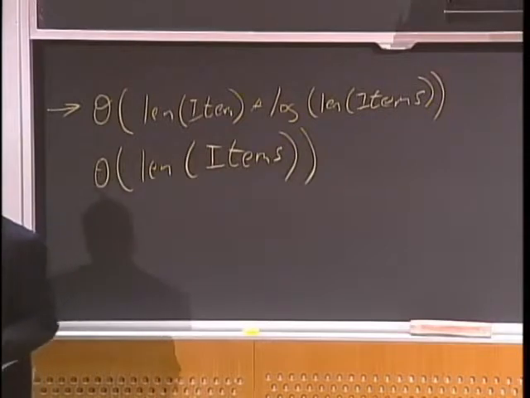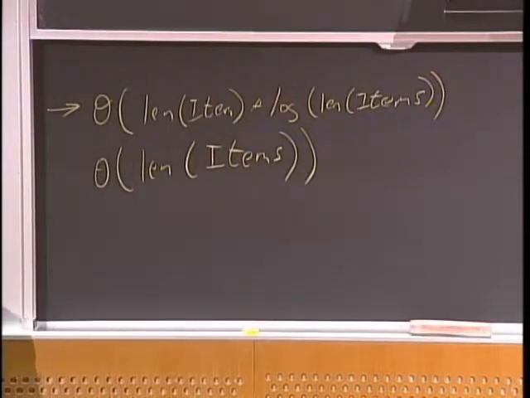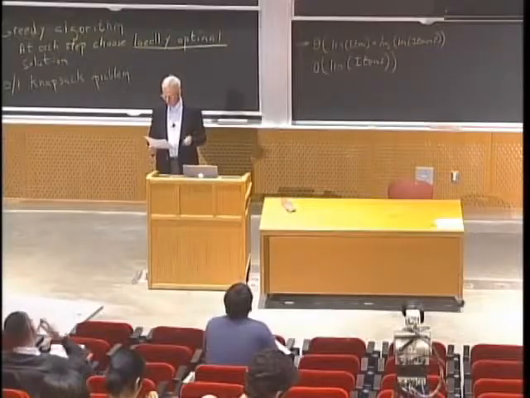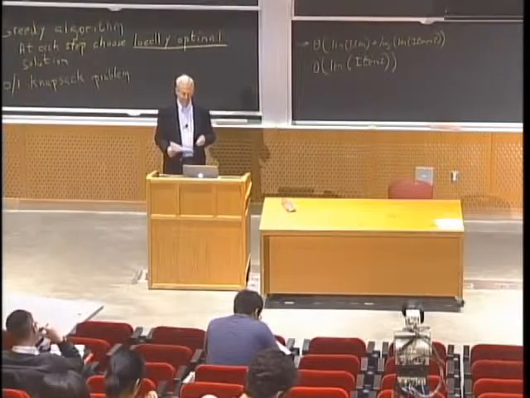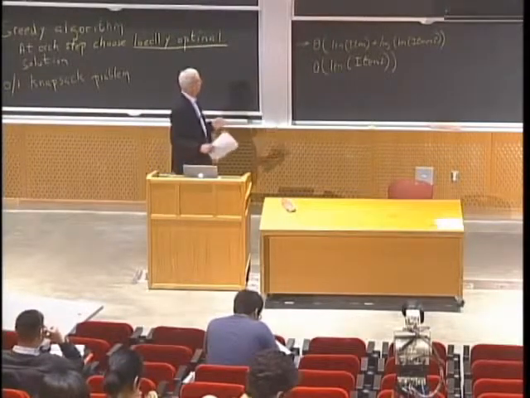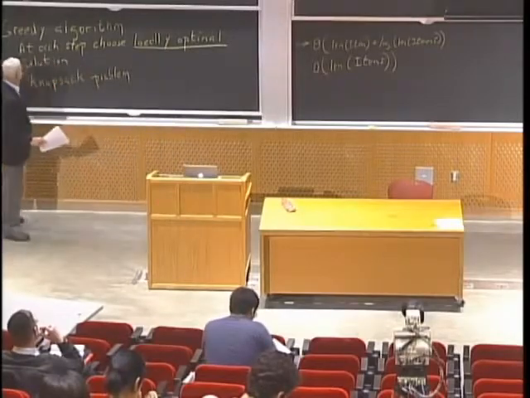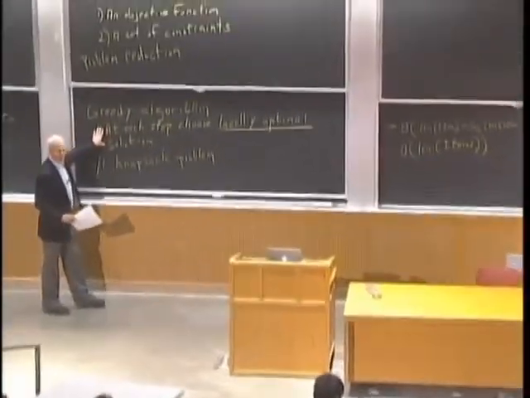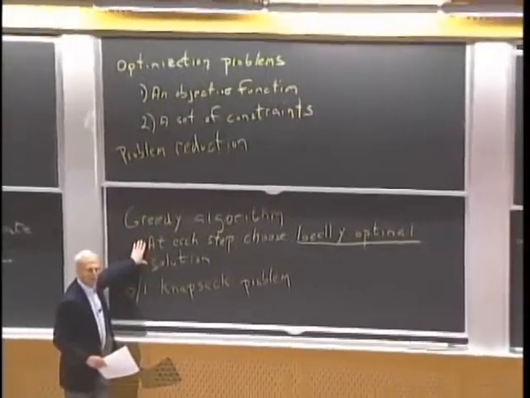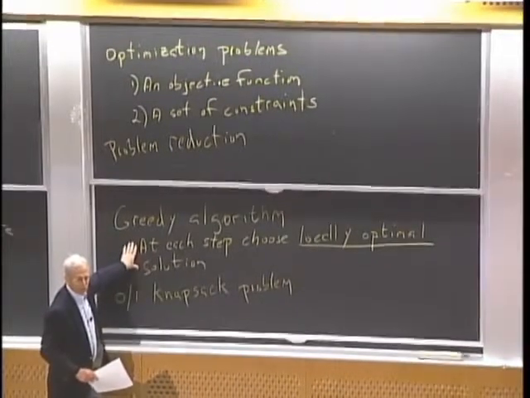So greedy algorithms are usually very close to linear, and that's why we really like them. Why we don't like them is it may be that the accumulation of a sequence of locally optimal solutions does not yield a globally optimal solution.